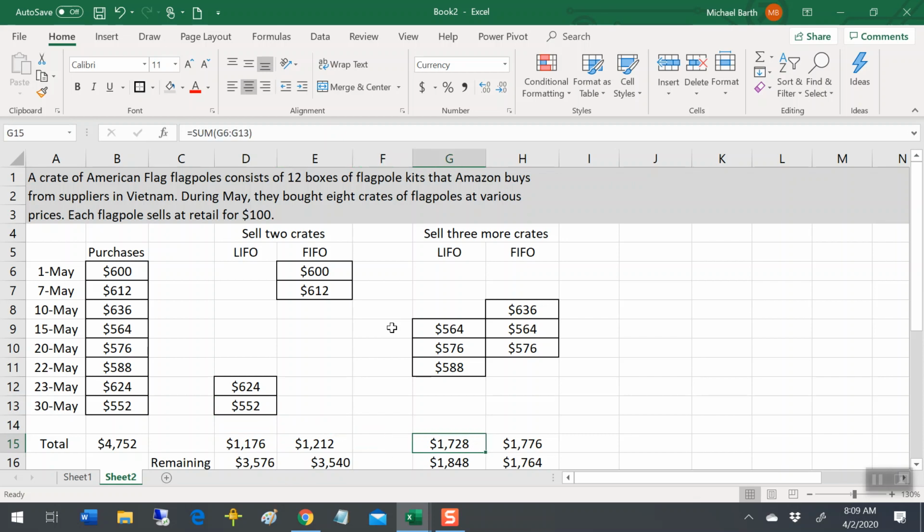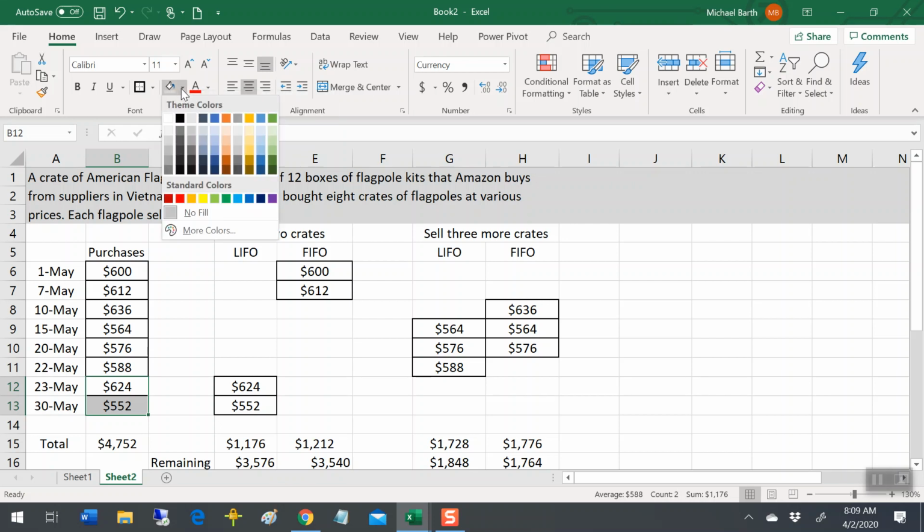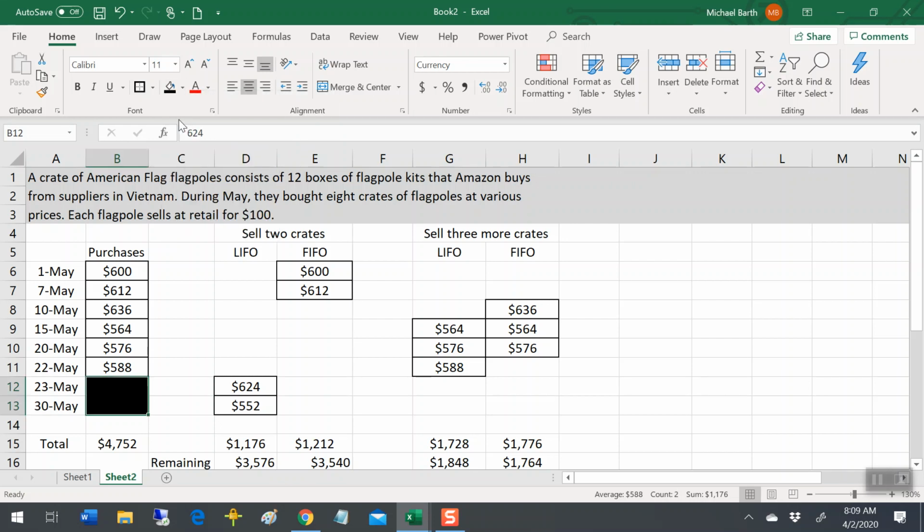And then they sell 3 more crates. If they sold 3 more crates, going last in, first out, they already took those 2, and those 2 are no longer available for sale because they already sold them. So they'd go grab the next 3 boxes, or the accountants would, and that's what would come off of there.